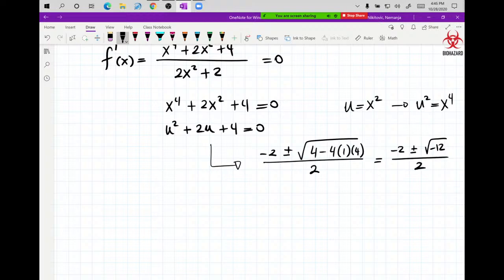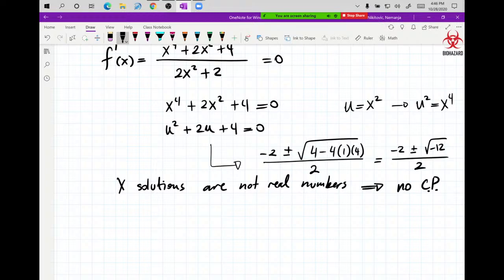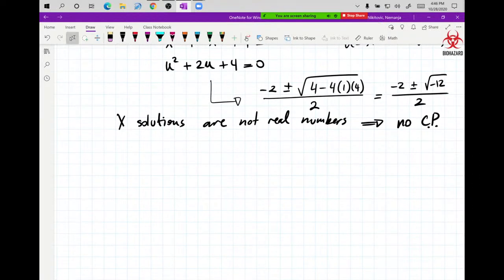So x solutions are not real numbers, therefore no critical points. We have also no asymptote, and what this means for this problem is that the entire function is everywhere increasing or everywhere decreasing, right?